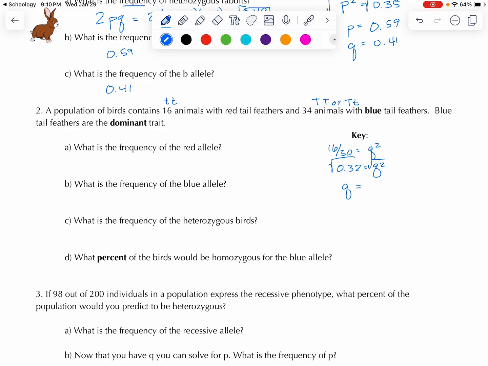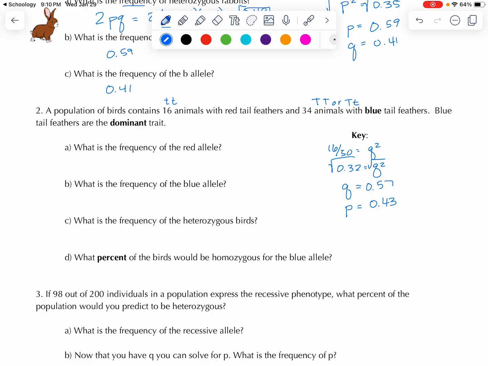It was 0.5656, etc., so we're going to round that to the hundredths place. And if we know q, then we also know p, and p would be 0.43. Now that I have p and q, I can go ahead and answer the questions.